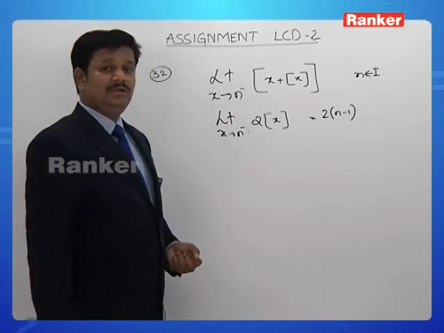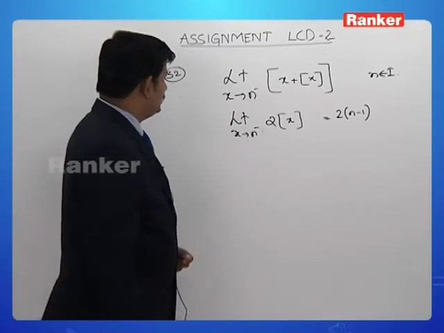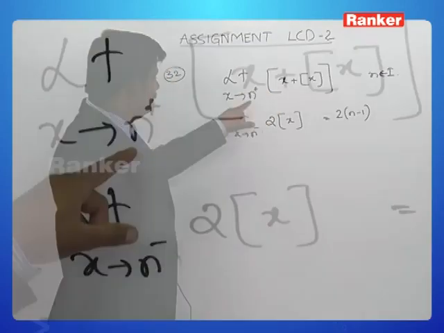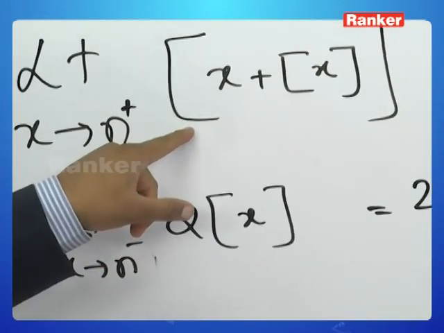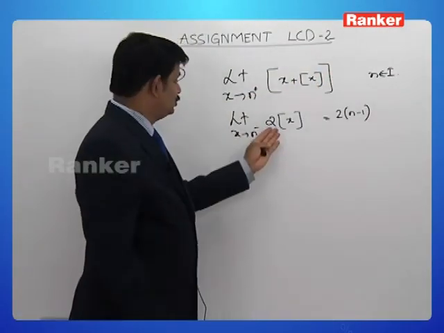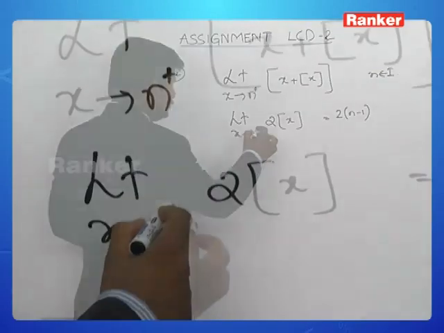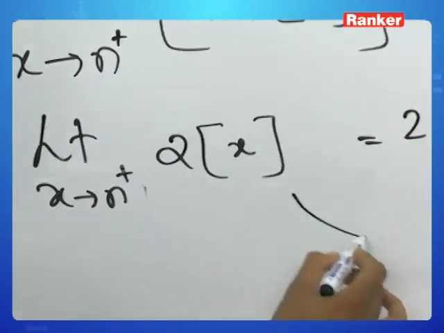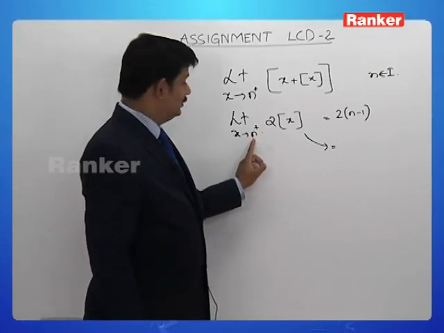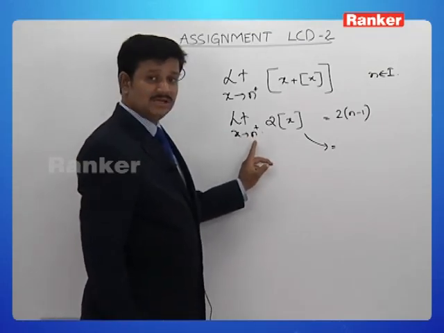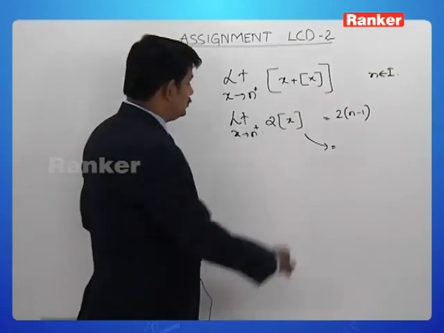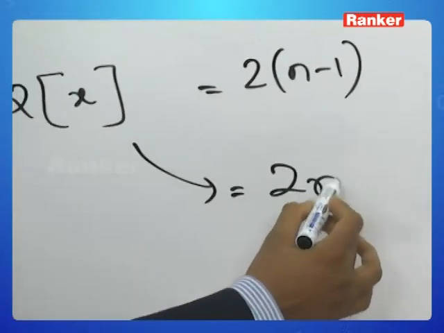Now let us evaluate the right hand limit. The limit as x tends to n plus of the greatest integral part of x plus, bringing it out since it is an integer, 2 times the integral part of x. So what would the right hand limit be? x is slightly greater than n, so the integral part of x would be n, so this is 2n.